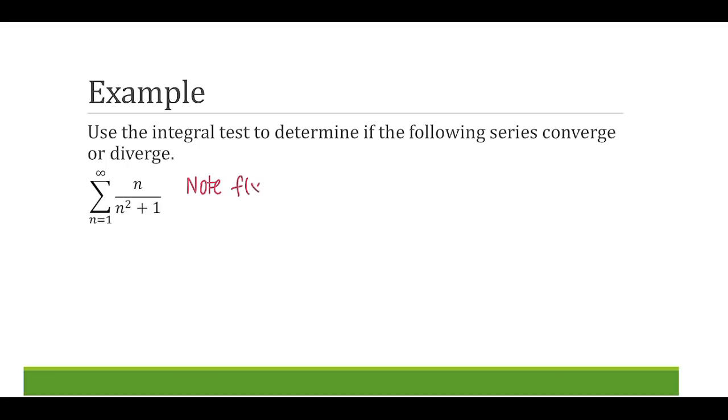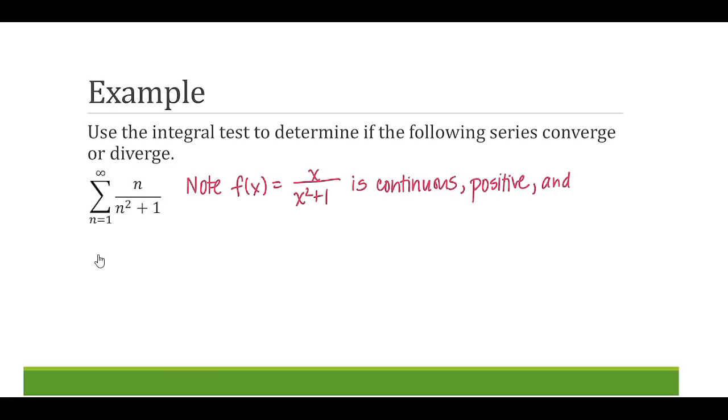We'll say, note that f of x equals x over x squared plus 1 is a continuous function. It's actually continuous on all real numbers, so we don't have any domain issues here. So on this rational function, we're continuous everywhere. We're continuous, we are positive, so when we plug in values greater than 1, we are definitely going to be positive.